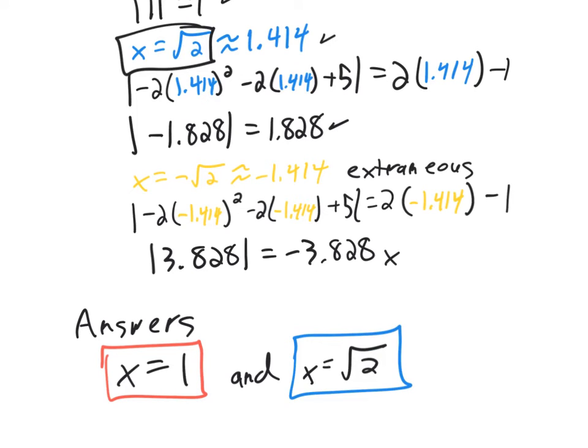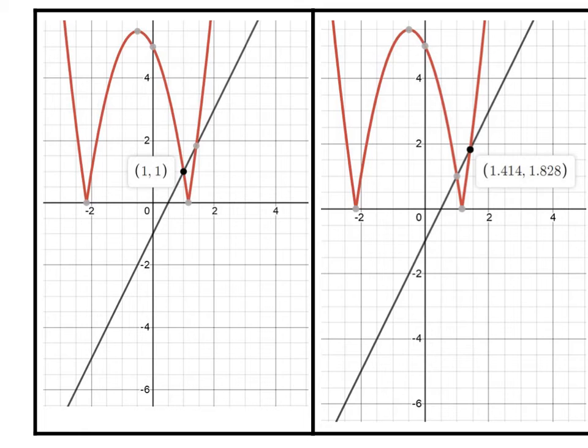Okay, what does this mean in regards to the graph? Now, this is not something I would ask as a requirement for doing this question, but I just want to talk a little bit about conceptually, why do we get extraneous solutions when we solve this? I have the solution to this problem graphed, and I actually have it split onto a left-hand side and a right-hand side because I'm going to mark each one up individually.